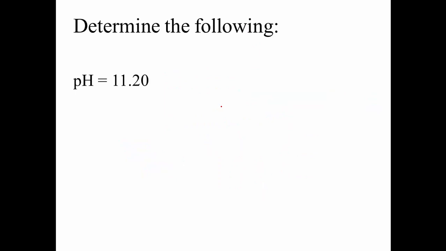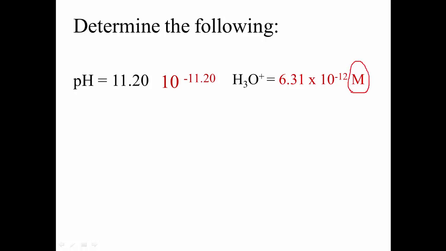If the pH is 11.2 and we want to know the molarity of this solution, we're going to take the anti-log of the negative 11.2. So anti means second function, so hit your second key and your log base 10, hopefully you're not using your natural log, hit second log and then punch in negative 11.2 and you're going to get 6.31 times 10 to the negative 12. That's your molarity.